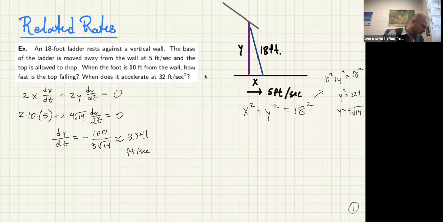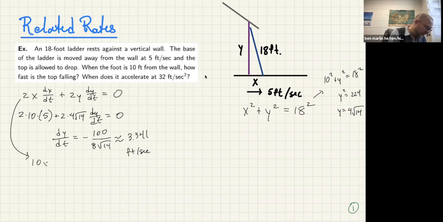Okay. And this may get a little bit icky, so bear with me. So if you go ahead and plug in the things that we do know from that, then you know that the rate that the bottom of the ladder is moving is 5 feet per second.